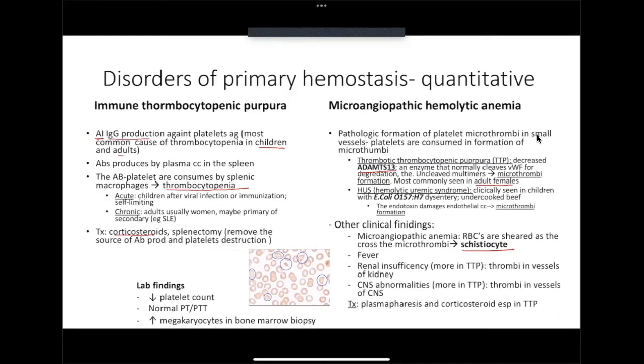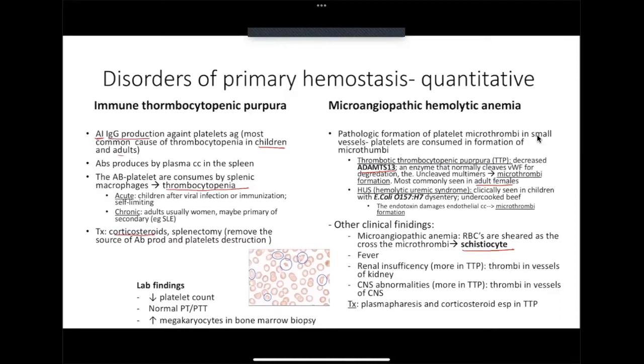Another treatment is corticosteroids, especially for people with TTP. The lab findings here are a decreased platelet count, for obvious reasons, but normal PT and PTT. This is prothrombin time and partial thromboplastin time.